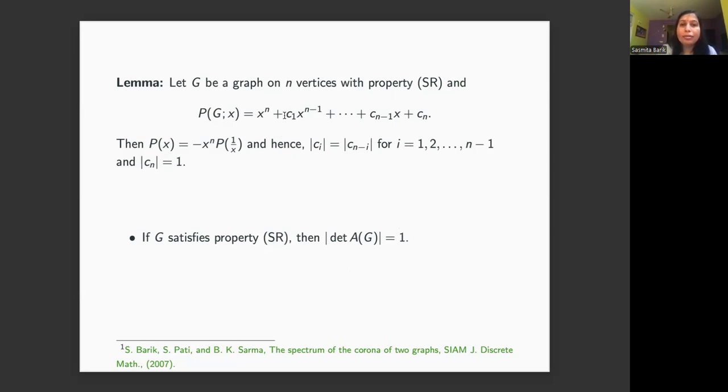Also, since C1 is 0, C(n minus 1) will be 0. And C2 is the negative of the number of edges, so C(n minus 2) will be the negative of the number of edges, or positive, the number of edges, because the modulus should be the same.